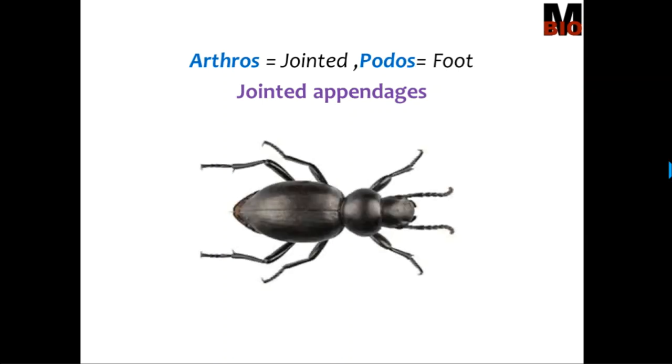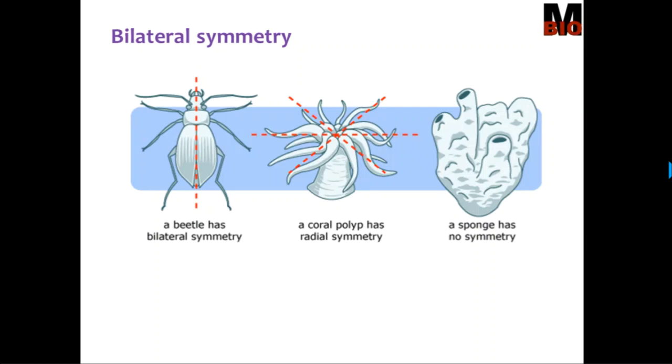Here, a picture of a beetle is displayed in which you can see the jointed nature of the appendages. Their appendages are made up of many segments. Then they possess bilateral symmetry.